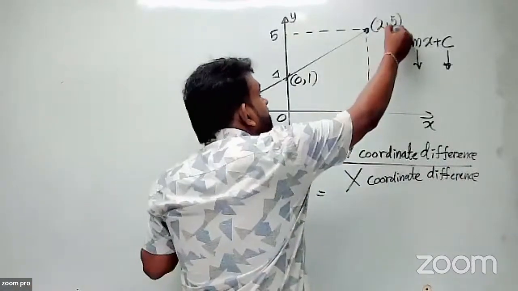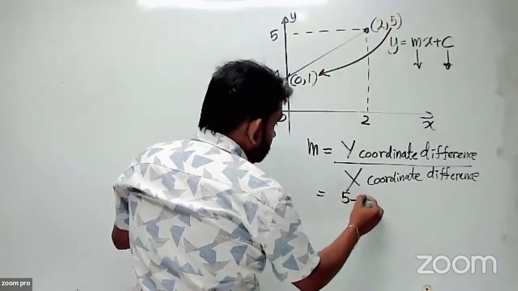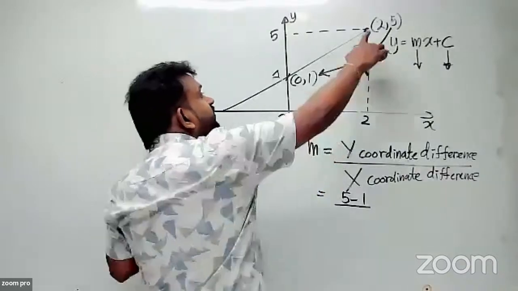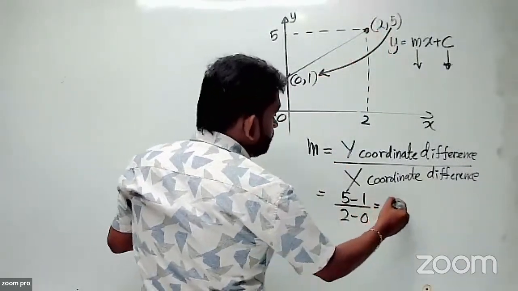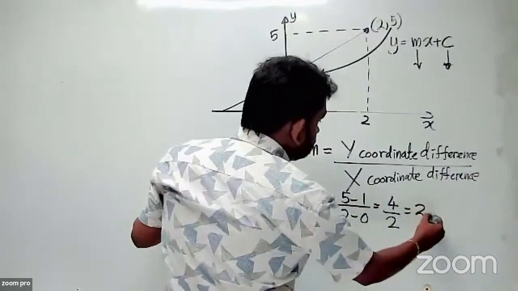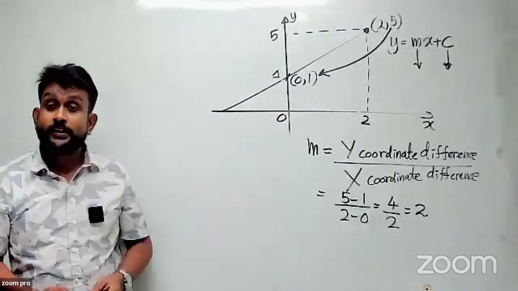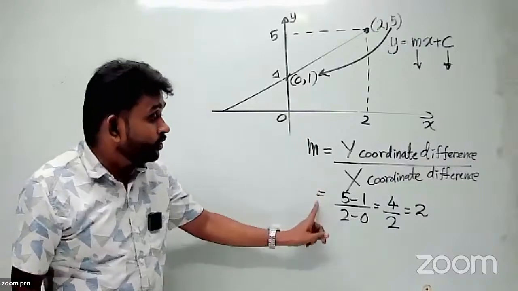When you take the y difference in this way, 5 subtract 1, divide by the x difference, 2 subtract 0. Then 5 subtract 1 is 4, 2 subtract 0 is 2. Then 4 divide by 2, 2. So that is the y difference over x difference, right? Now that is called the gradient.